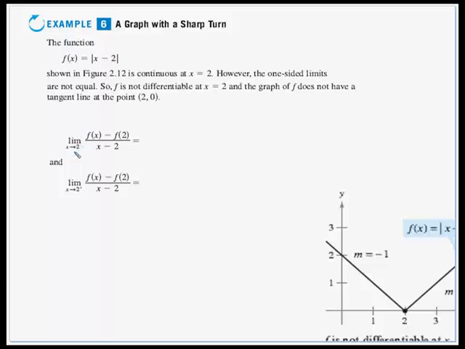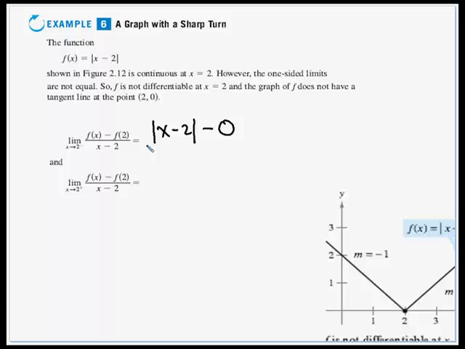As we approach from the negative side, from the left side, we have f of x, the absolute value of x minus 2, minus f of 2. Well, what is f of 2? When we plug 2 into the function, our output on the y-axis is 0.